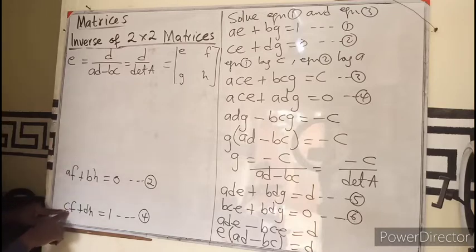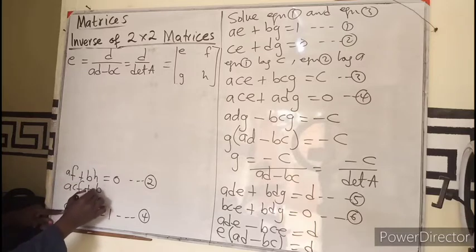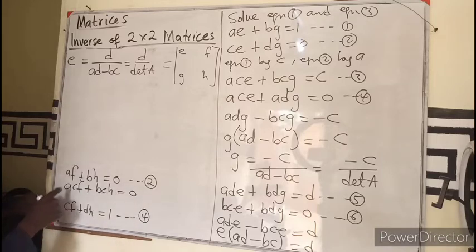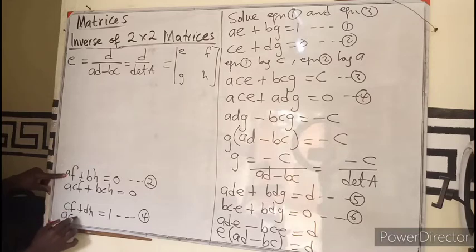So it means C, from here we'll multiply this, will give you ACF plus BCH equals to 0. Then this A will also come to multiply. ACF plus, it is multiplying this, so ADH equals to what? A. You know, A will multiply this, will give you that.